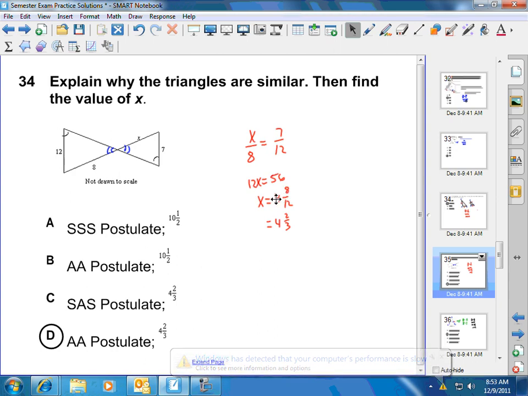I've got 12 goes into 56 4 times with a remainder of 8. So I have 4 and 8 twelfths, and that reduces down to 4 2/3. So the angle-angle similarity postulate tells me they're similar, and 4 2/3 is the value of x.